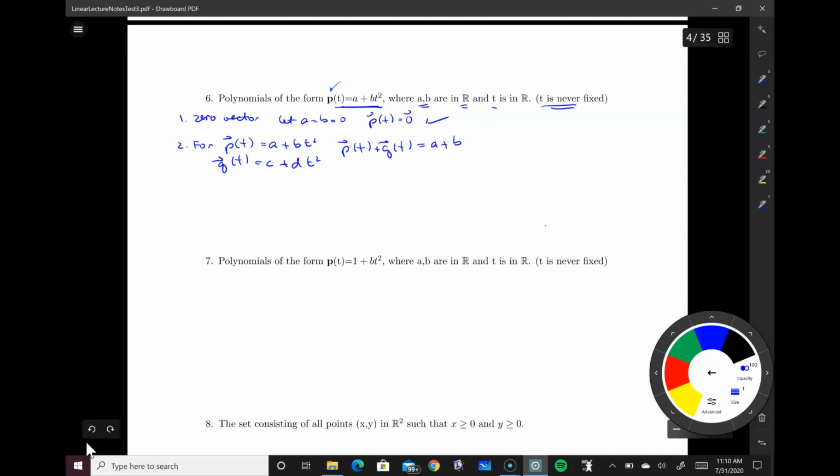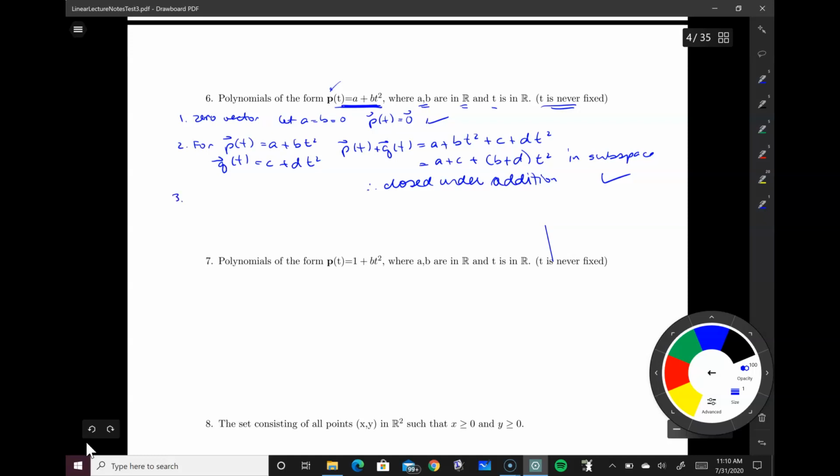So a plus bt squared plus c plus dt squared gives me a plus c plus b plus d times t squared. This is in the subspace. That fits the criteria of what the elements look like to be in the subspace. So check, it's closed under addition. Therefore, closed under addition. I want you to get used to that phrase.